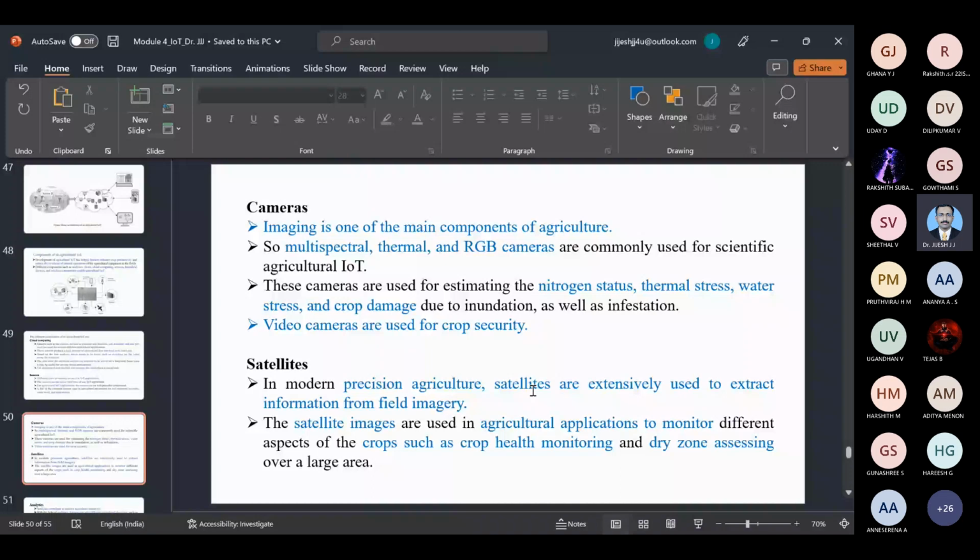Then see, nowadays satellite technology also, satellites are precise, and they give very accurate results.